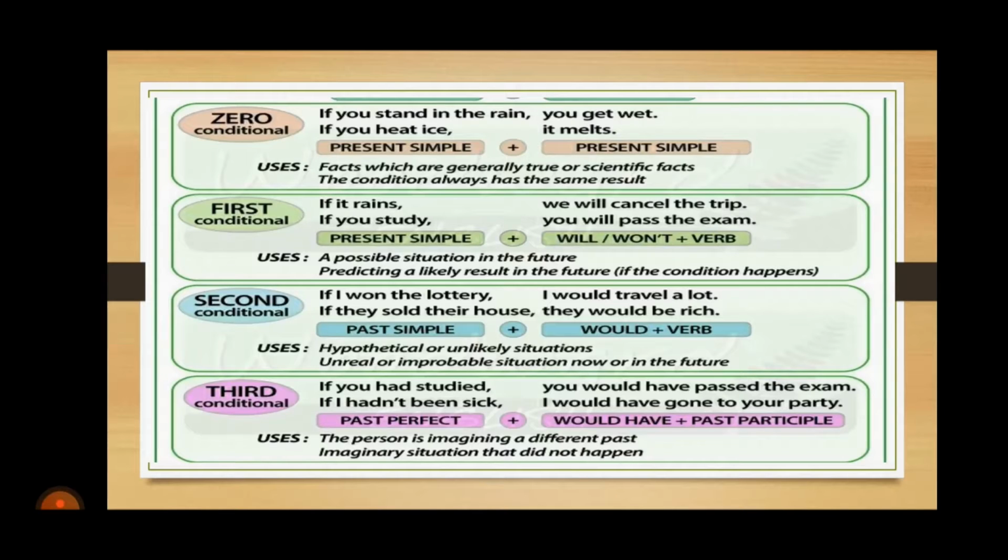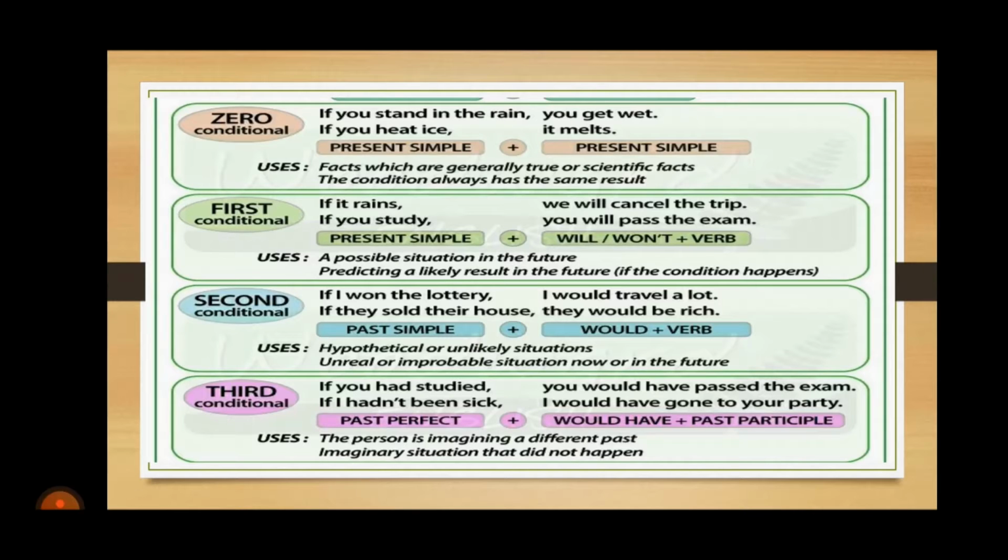And zero type: if you stand in the rain, you get wet. So here they say if plus simple present tense plus simple present tense. If you take stand, it's simple present, and get is the simple present. And likewise, this is what you call zero conditional.